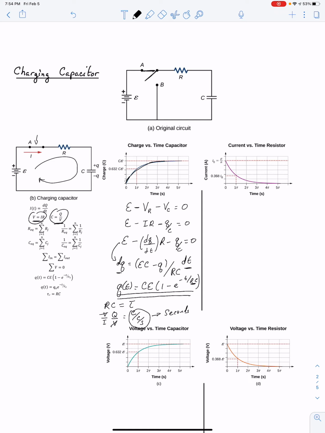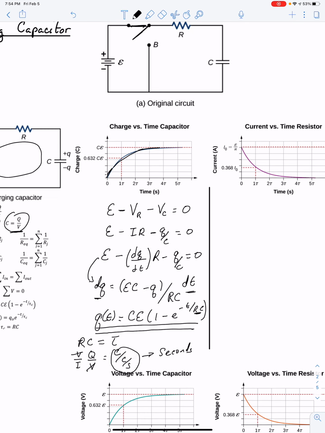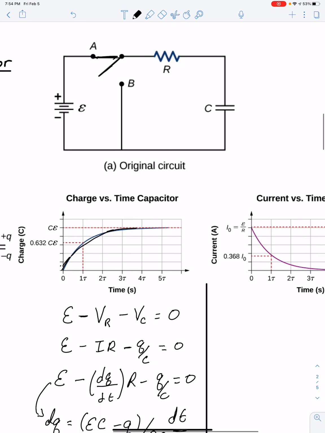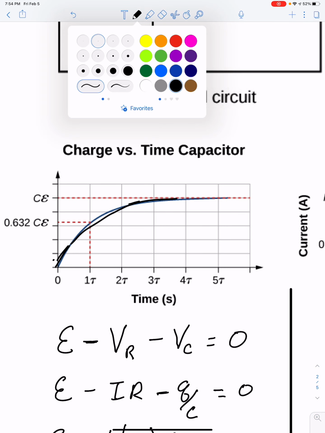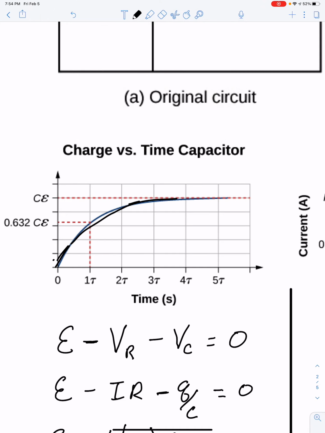What it's telling us is that if we go closer to this graph right here, let's say we rewrite this: Q(t) equals capacitance times EMF times 1 minus e to the negative t over RC.